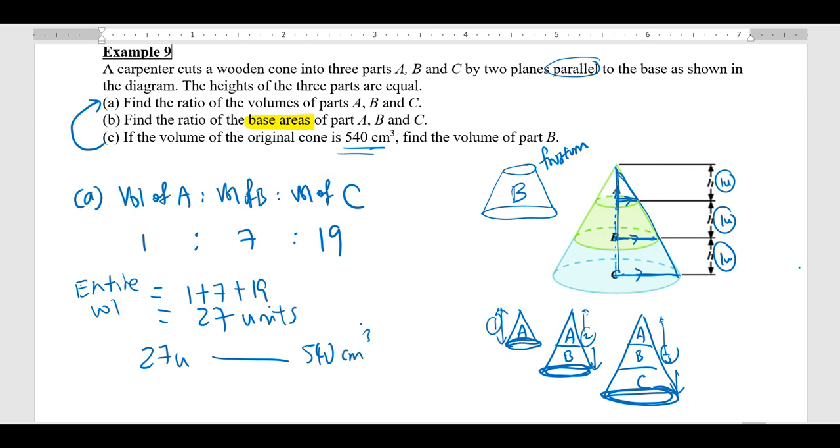So since we now have to look for the volume of part B, and part B is only 7 units for volume, therefore by proportion, we can find the volume by using 7 over 27 times 540, and therefore for 7 units, the volume of B will be 140 cm³.